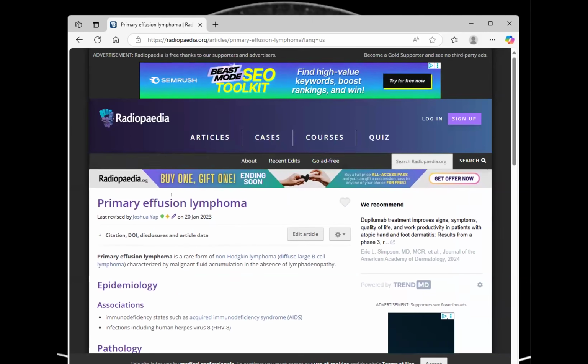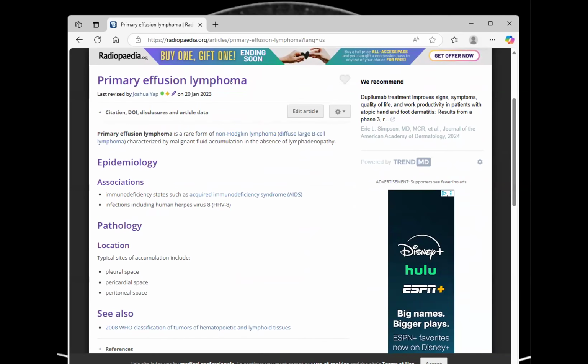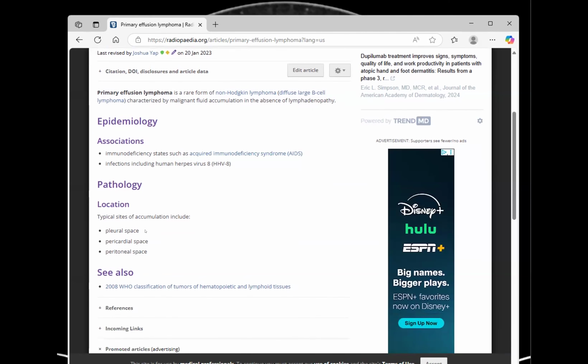So anyway, there's something called primary effusion lymphoma, a rare, aggressive form, where there is basically malignant fluid accumulation without lymphadenopathy. So I think the lymph nodes that we saw here were related to his HIV, but weren't actually lymphoma. You will see a pleural effusion, pericardial or peritoneal fluid, and the fluid will actually have all these malignant cells in it.